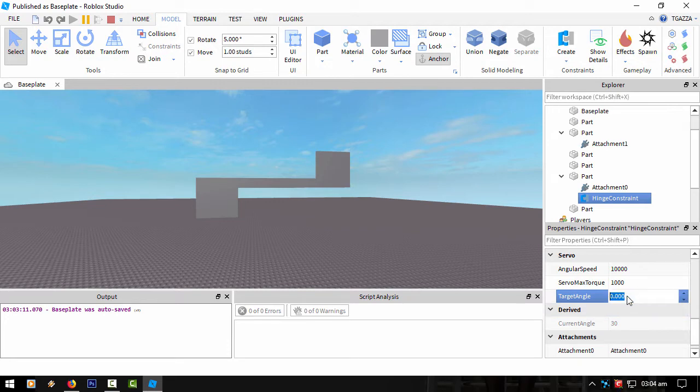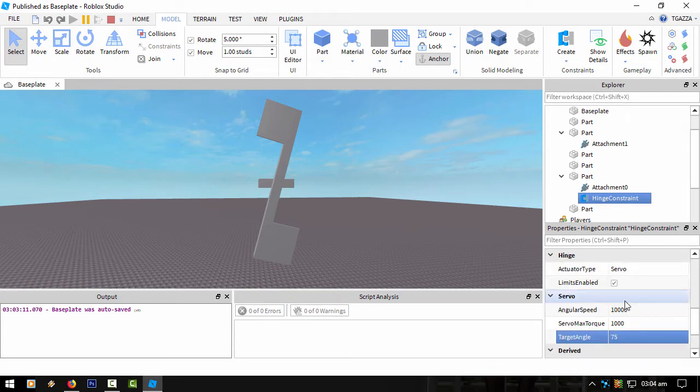Prove me wrong, will you? So that's 190, is it? 75 might be the angle that I'm doing. Oh, okay. So it looks like it's going above the max angle and then coming back down again. I think that might even be a bug.